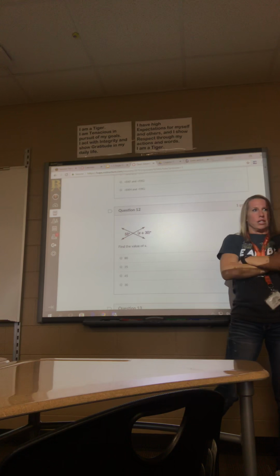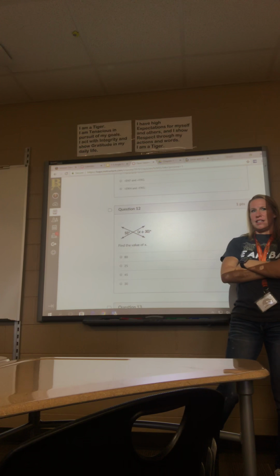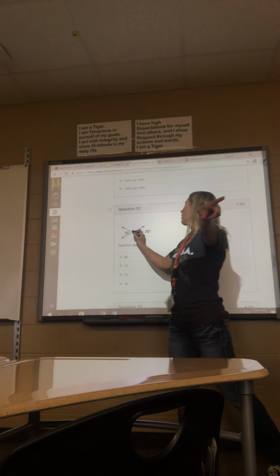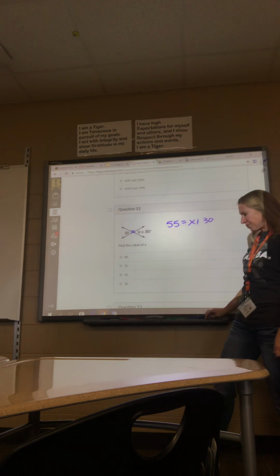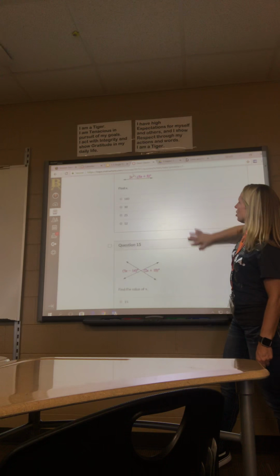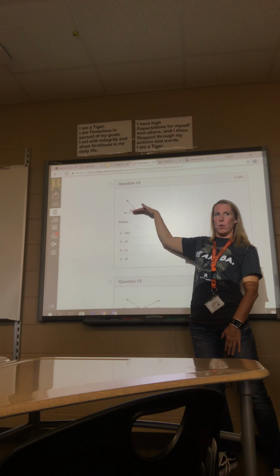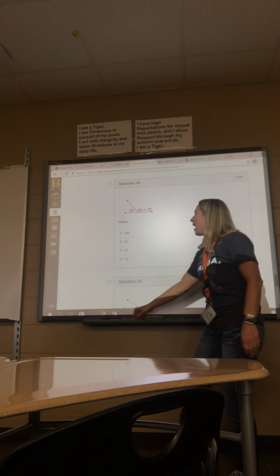How would I do this one? 55 equals x plus 30. Yes, those are vertical, so put them equal. How would I do this one? What would those add up to? 180.